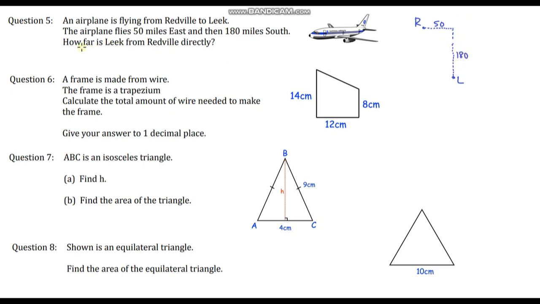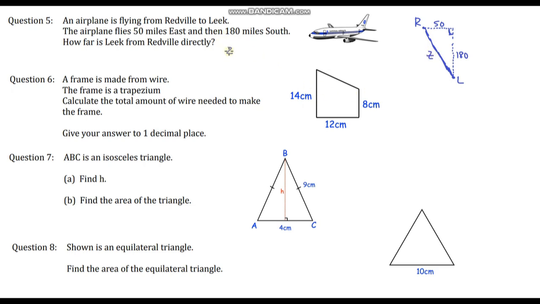And we want to work out how far it is to Leek from Redville. So we are looking at this distance here. Again, excuse my artistic skills here. So because we're going east and then south, this is going to be a right angle. So we can apply Pythagoras' theorem once again. So this time we're going to work out this distance. Let's call this z.